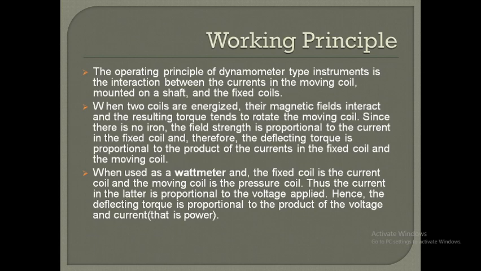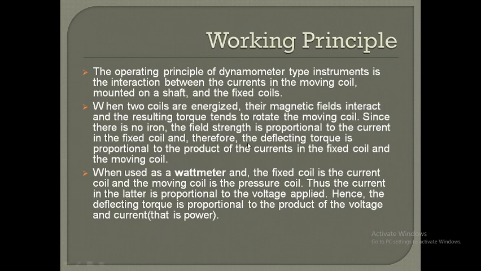Due to the interaction of the two magnetic fields and the two currents, the deflecting torque will occur. Since there is no iron, the field strength is proportional to the current in the fixed coil, and therefore the deflecting torque is proportional to the product of the current in the fixed coil and the moving coil.